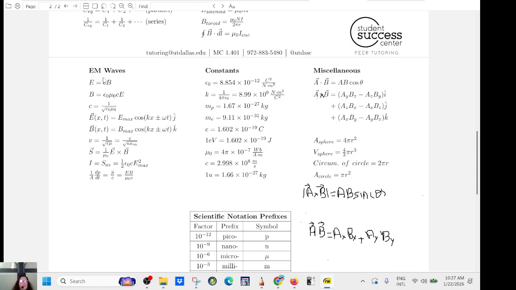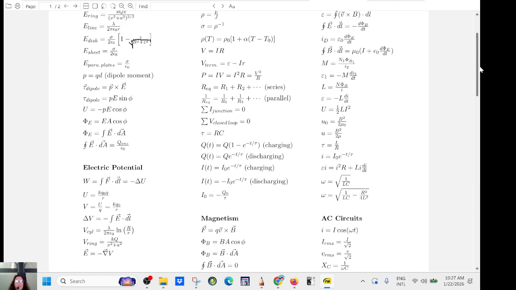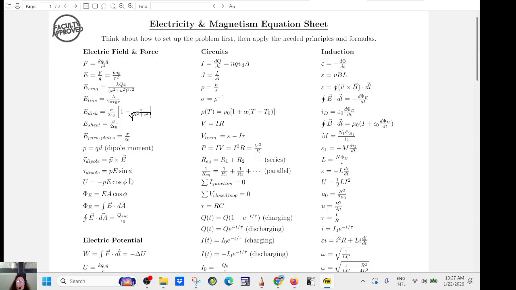See, an electromagnetic wave has the electric field and the magnetic field. Just to make sure you know how to use these, and see here, the dipole moment is Q times d. Capacitor, parallel plates, sigma over epsilon 0. So we did all that.